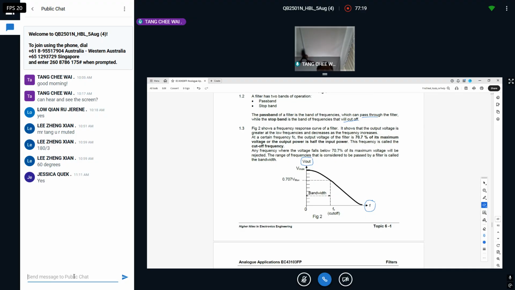So that's how the curve goes. This is what I mean: voltage greater at the low frequency. One more time, you see Vmax, maximum voltage at 0 frequency.